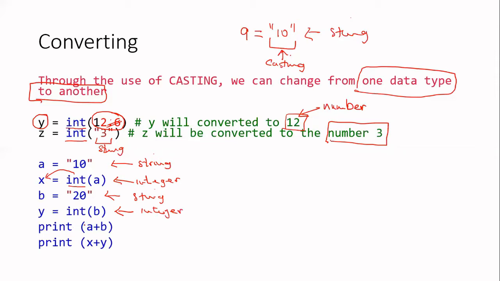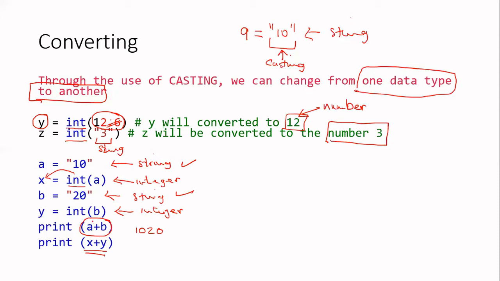So if I say print A plus B, A is a string, B is a string from what I told you earlier on, it will simply put it together, 10, 20, because they are strings. But if I say print X plus Y, X was the same as A, but it was converted into a number, an integer.